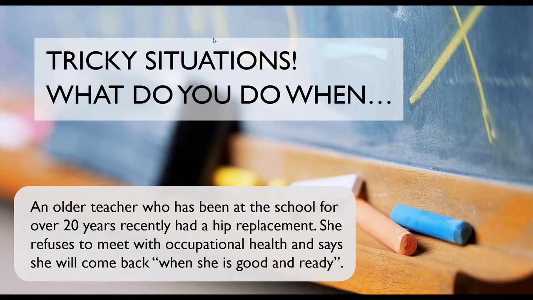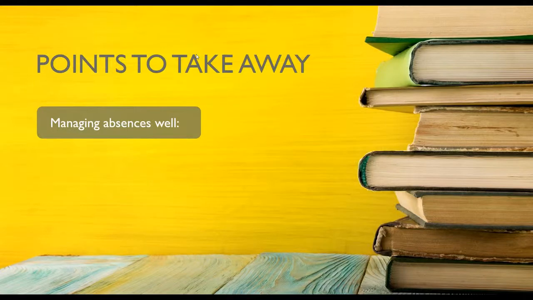So it's all about keeping that dialogue going, but essentially if an employee refuses to engage with the process, this shouldn't disable you from taking any action, provided you are reasonable and in moving through the capability procedure you can take further action.